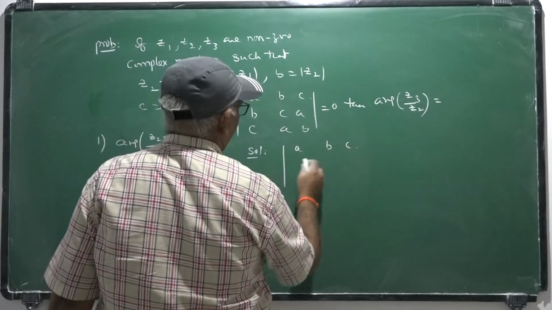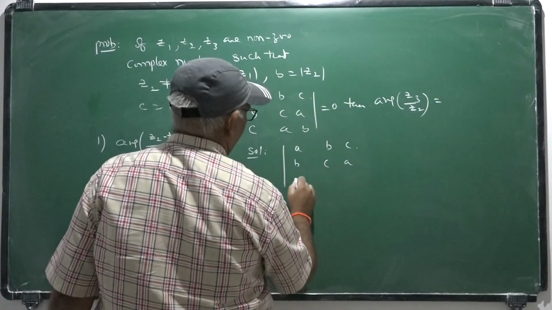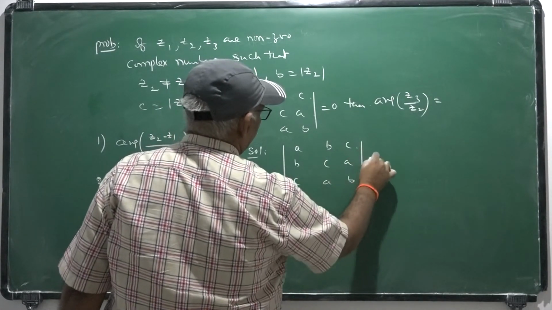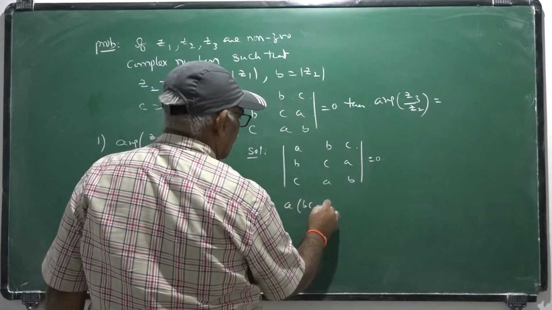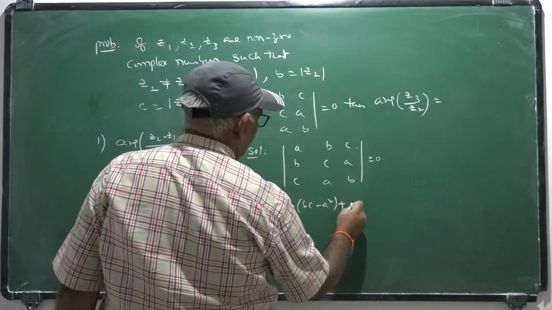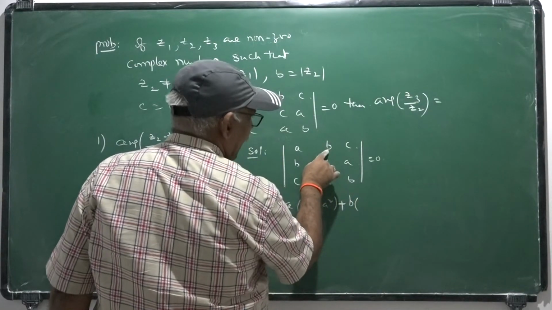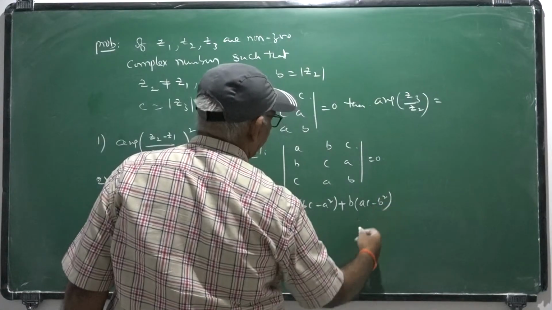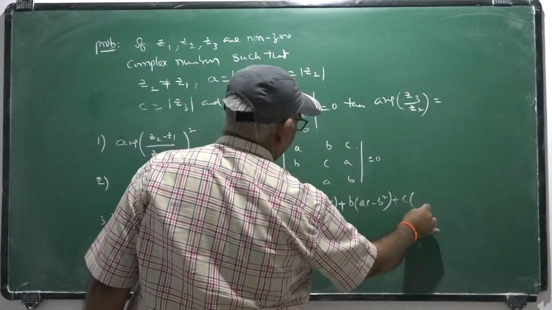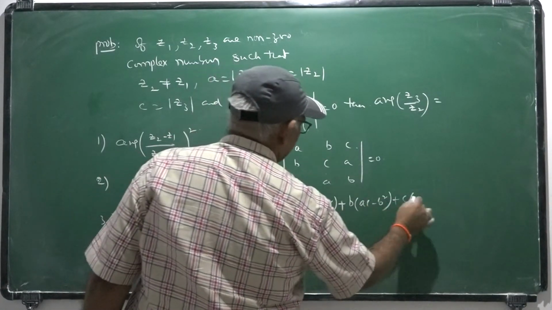Given the determinant of A, B, C, B, C, A, C, A, B equal to 0, that implies A into (BC minus A square) plus B into (CA minus B square) plus C into (AB minus C square) equals 0.